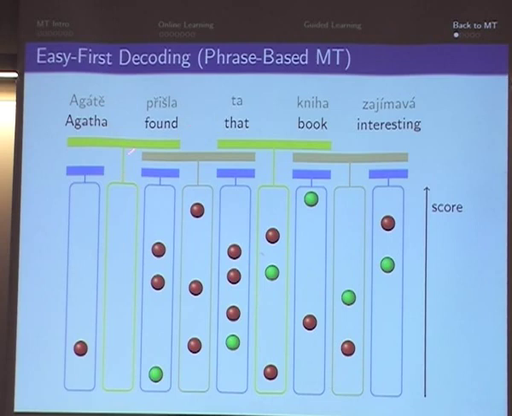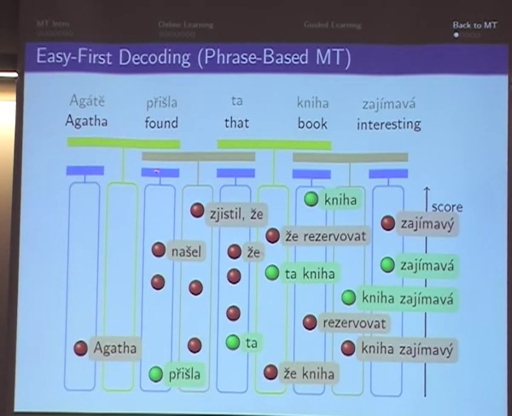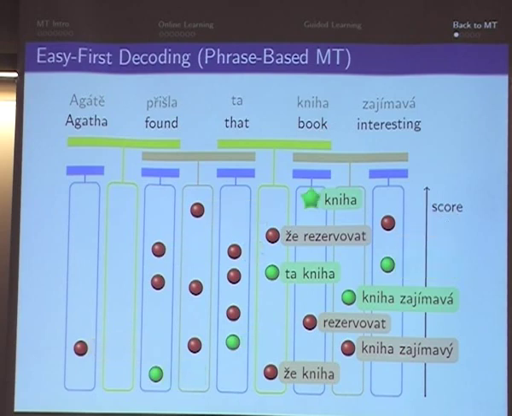So for each segment or source phrase, you have a hypothesis. Here we can see that the highest hypothesis is just to translate book as kniha, but you have also a hypothesis which translates book interesting as kniha zajímavá. So this is the highest hypothesis. Let's select it.